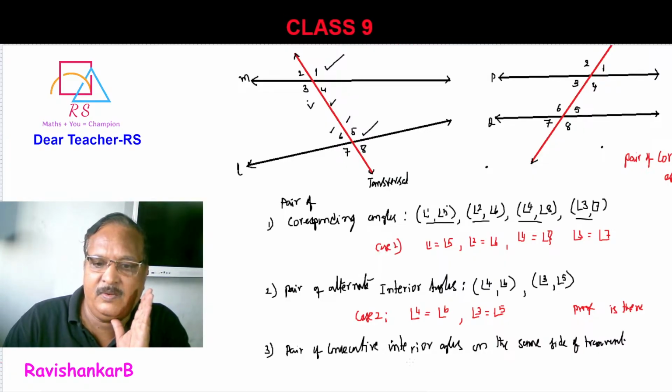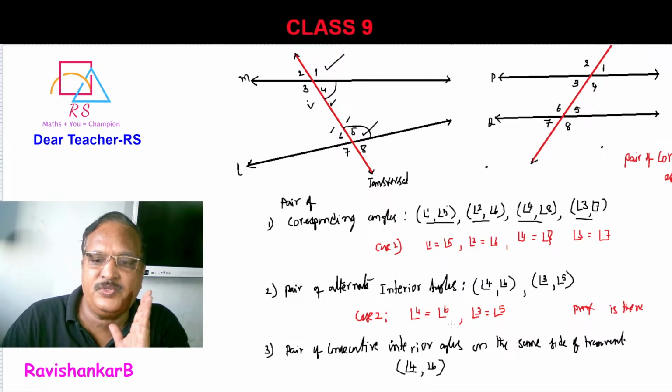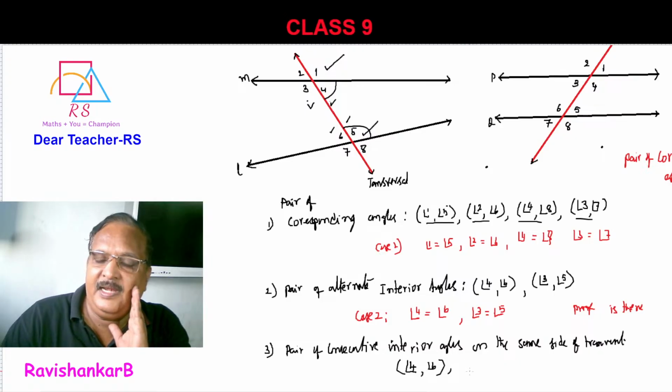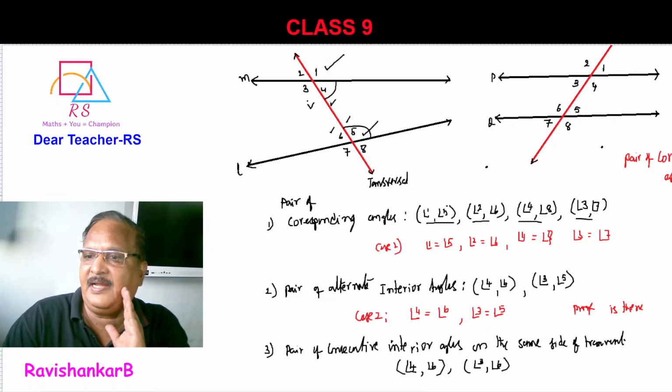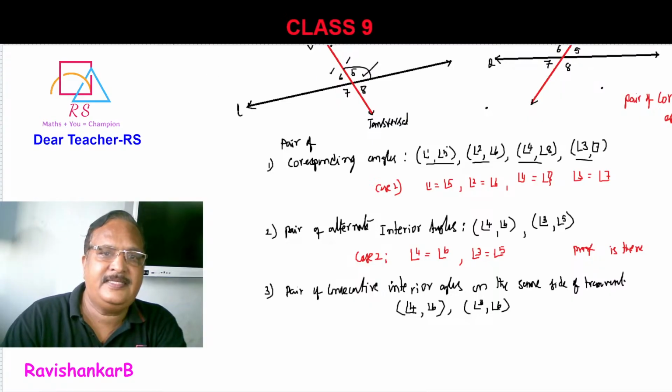So then what happened? Angle 4 and angle 5. These two are consecutive interior angles on the same side of the transversal. And there is one more pair, angle 3 and angle 6. Two pairs of consecutive interior angles on the same side.